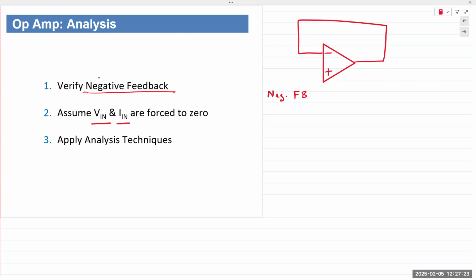Virtual short and virtual open at the same time. Current going into the op-amp between the input terminals is equal to 0. And then you can apply your analysis techniques to determine the output. Analysis techniques would be KCL, KVL, and Ohm's law.